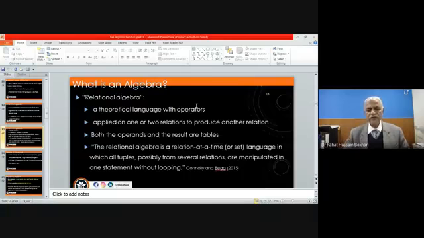This is a quote from Beck. It says relational algebra is a relation-at-a-time language in which all tuples possible from several relations are manipulated in one statement without looping. So when you manipulate data, which may be from a single relation or from different relations, you need not do any looping.